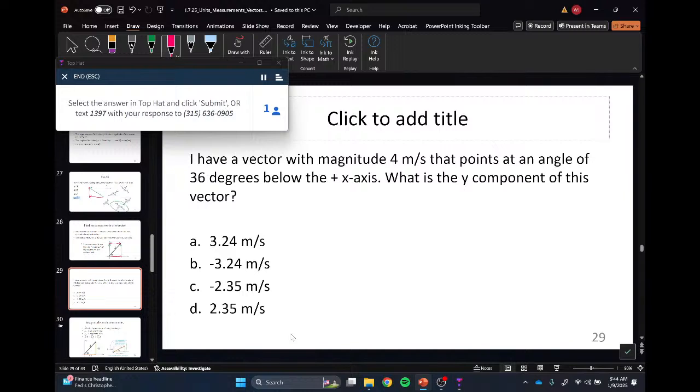And then one last thing, you're going to get an answer. It's going to be positive. But which way is this pointed, up or down? Down. So then the answer will be positive or negative? Negative. Yeah.